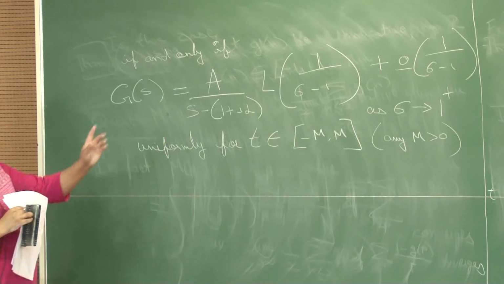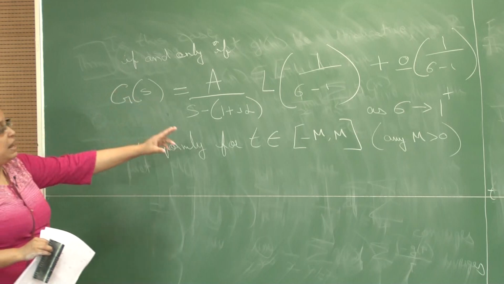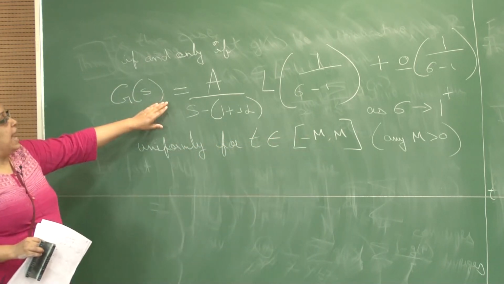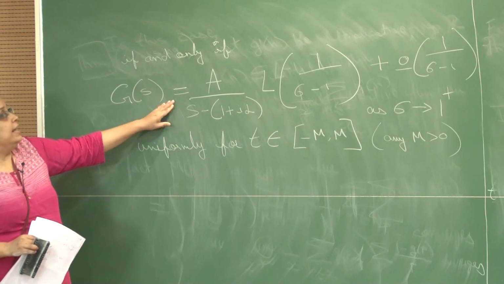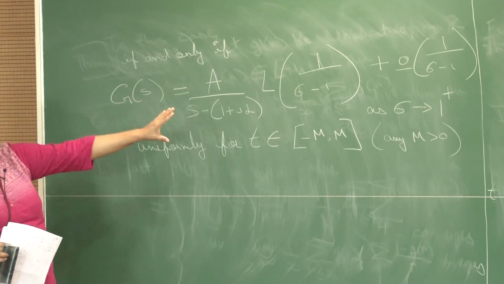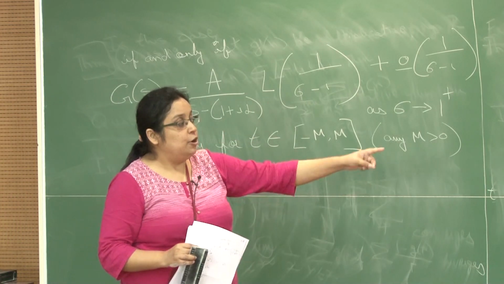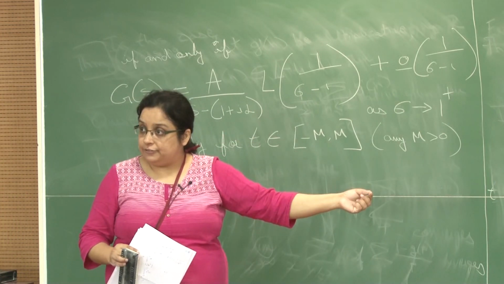So, basically for any t lying in any bounded set of the form minus m to m, this asymptotic holds uniformly. If you can show this, this is equivalent to deriving the mean value or the partial sums of g of n.